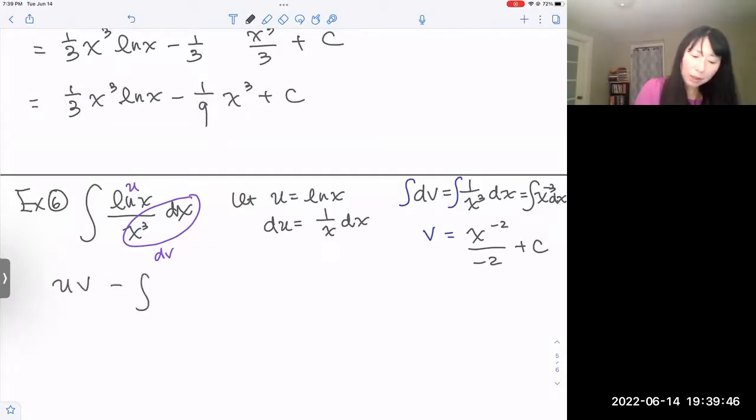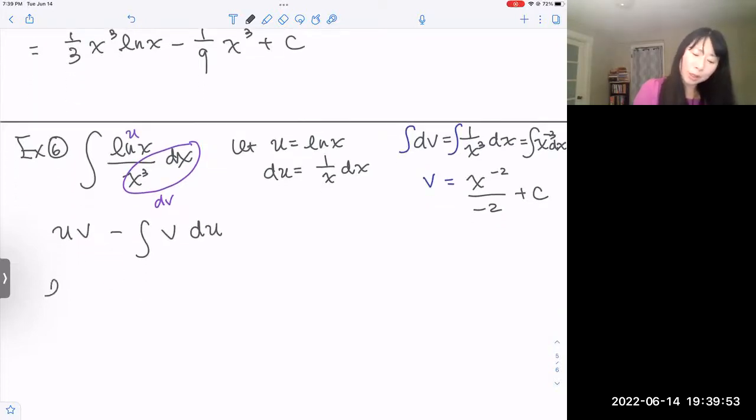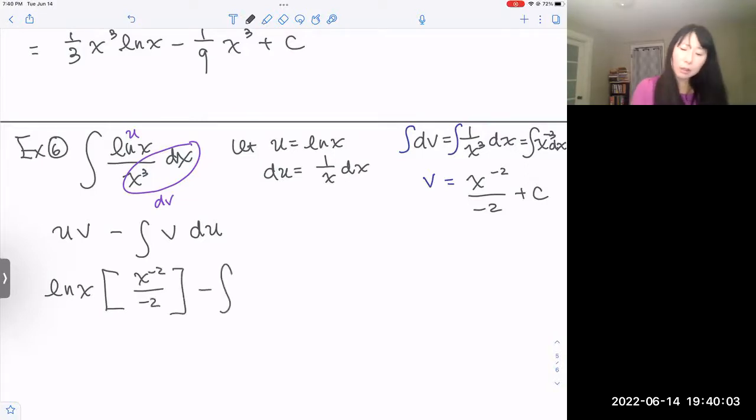Then uv minus integral of v du, u, which is ln x, v, I am writing down later on, simplify, minus the integral of v, which is negative, positive, right?